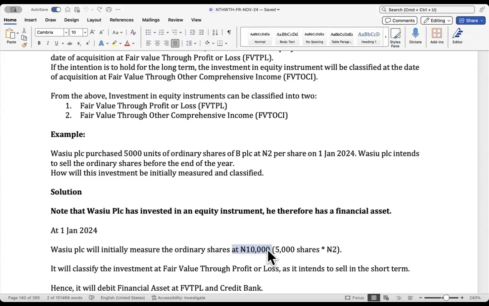Let me attempt, sir. Please do. Okay, so we will credit bank with 10,500, the total amount of the cost of the shares and the amount paid to the broker. Then for the charges alone, the 500 naira, we'll debit transaction cost, the expenses on the shares.